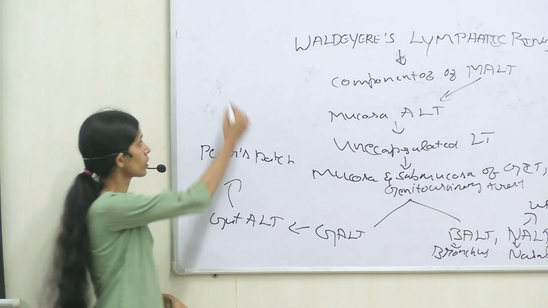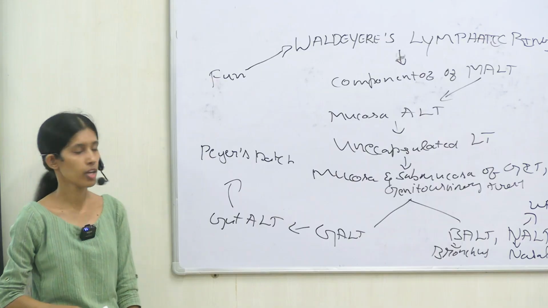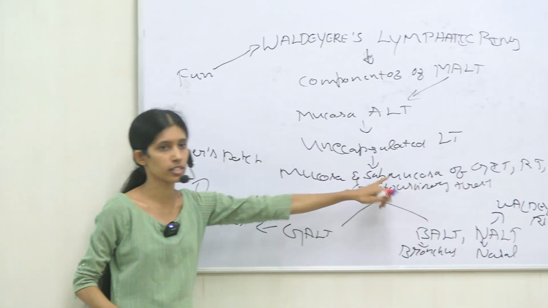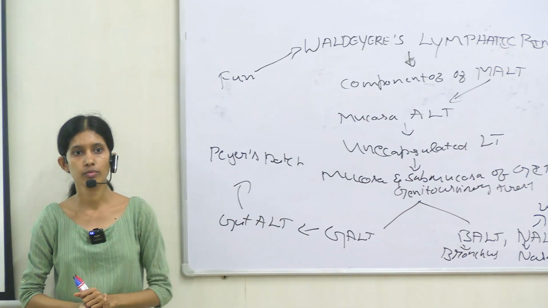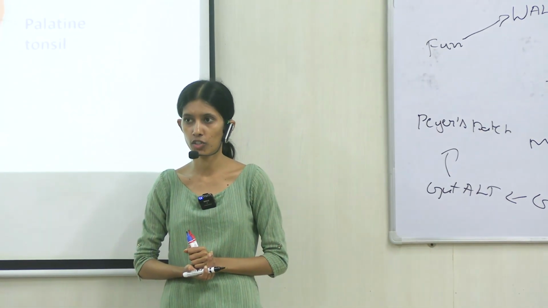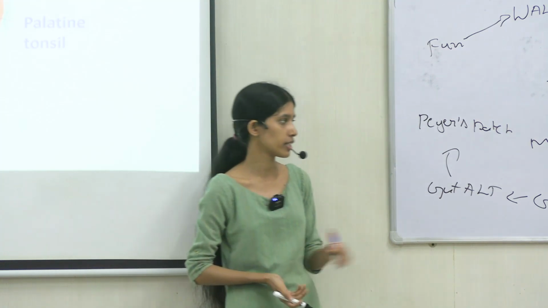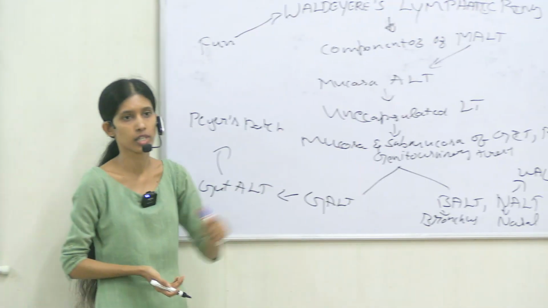So what is the function of your Waldeyer's ring then? If it is present in the mucosa and submucosa layer, what is its function or significance?